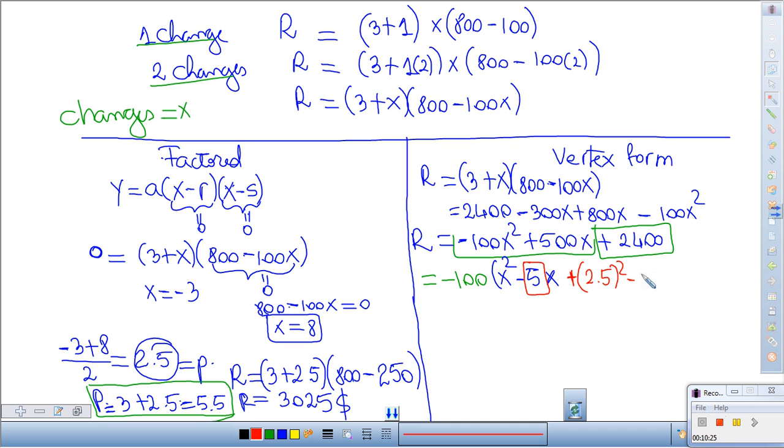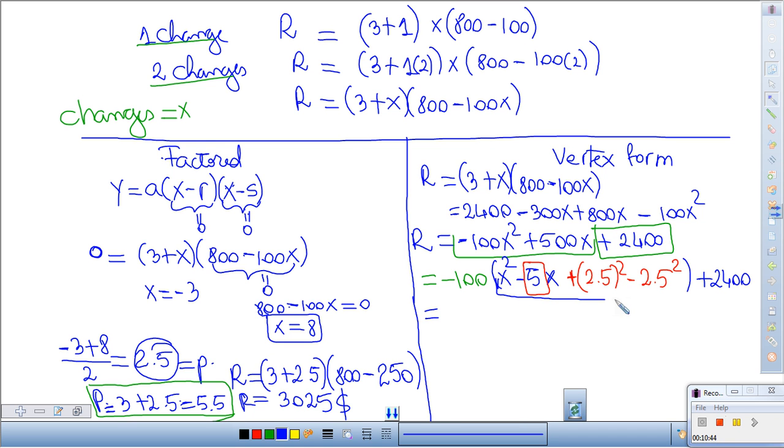And then I have to subtract it as well. So minus 2.5 squared. Then I'm going to copy everything plus 2400.